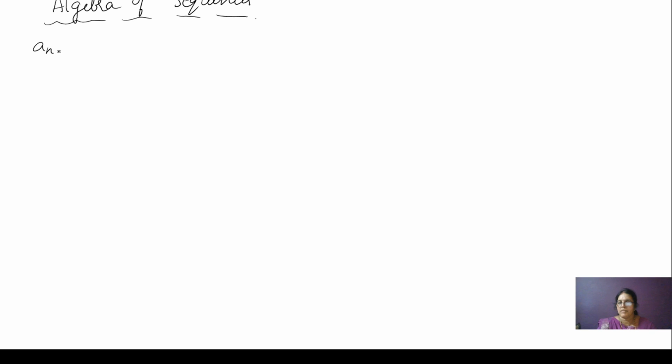We take some sequences, nth term, an, bn, etc. So if Sn is the sum of two sequences, suppose Sn is an plus bn, or an minus bn, or an by bn, or an into bn, then these are the nth terms of the sequence. Then nth term of Sn is here an plus bn, nth term of Sn is an minus bn, etc.